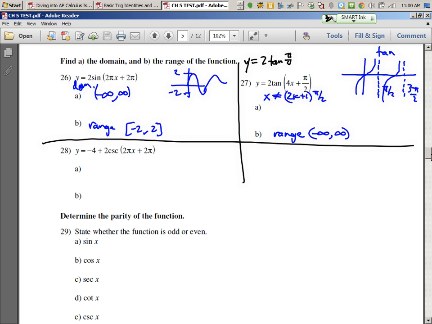If you pull that 4 out, you can see very clearly what's going on with the x's. There is a horizontal compression, factor 4, and a left shift by pi over 8.